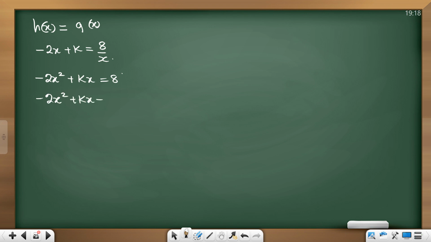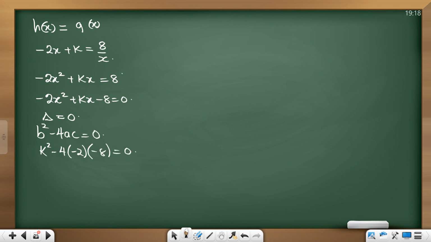x squared plus kx minus 8 equals what? 0. Discriminant must be equal to 0. Solving, guys, because we don't even know k. So let's find it. What is our b? Our b is k. k squared minus 4, what is our c?